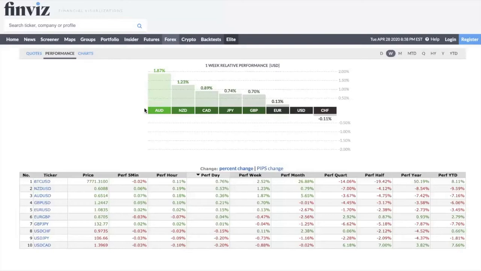So this tool is very powerful because it will prevent you from taking trades which don't move. What do I mean by trades that don't move? For example, if you do not use this tool and you decide to trade Aussie Kiwi, these two currencies are strong and they are side by side in this relative performance chart. If you take an Aussie Kiwi trade, price won't really move.